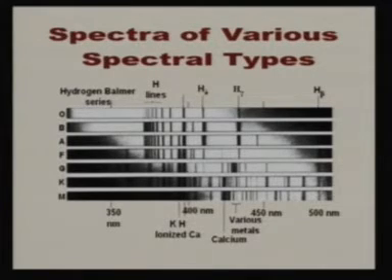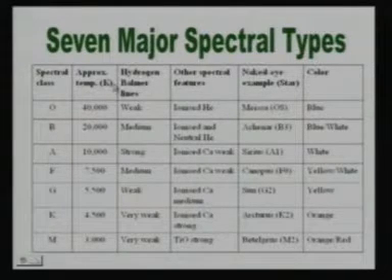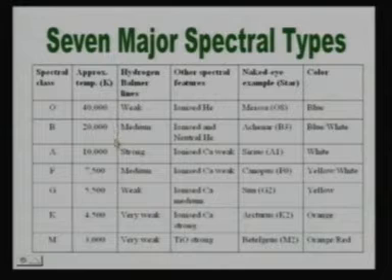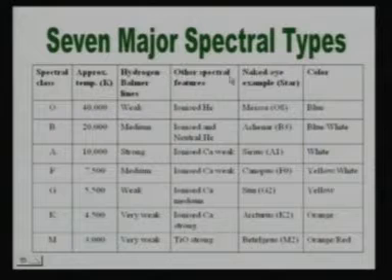Now let us go back to the earlier slide. This shows you roughly the temperature in each class. O stars, for example, have temperatures extending all the way from 25,000 to 50,000. Typical temperature is 40,000 K. And the prominent lines in this are given in the 4th column, ionized helium.